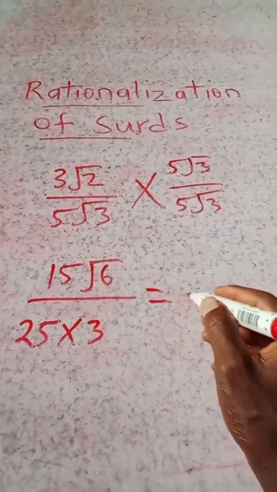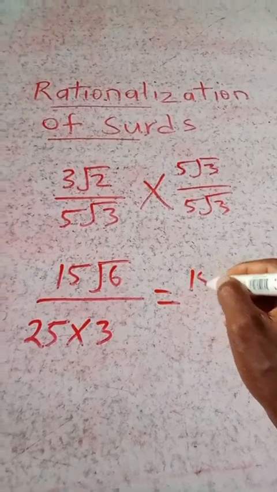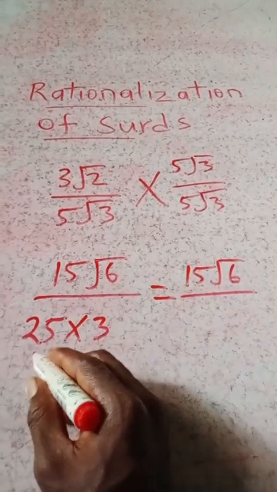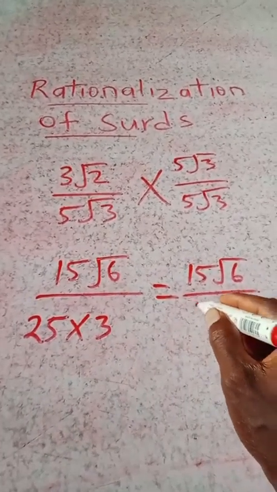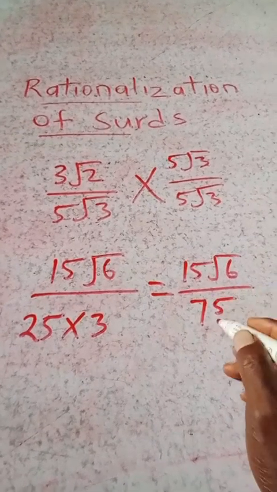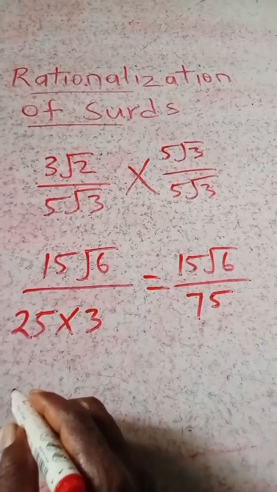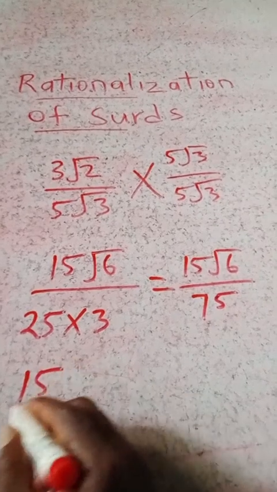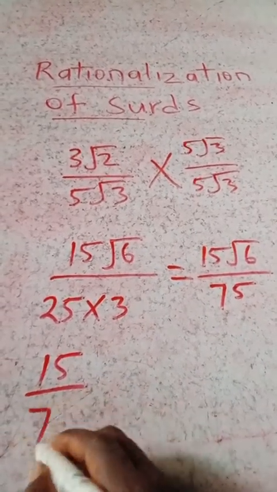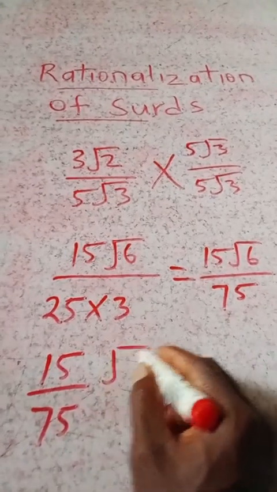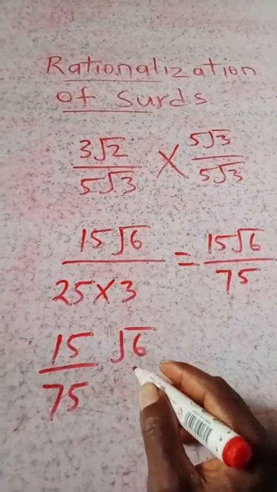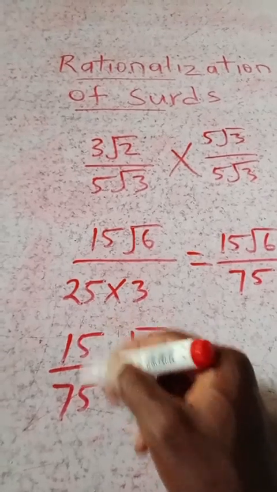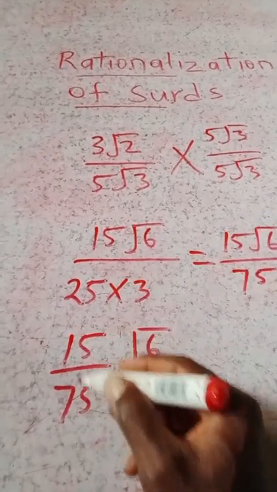So this will give us 15 root 6 all over 3 times 25, which is 75. We can also write it like this: 15 over 75, then root 6. At this point, you check if the two numbers have a factor.